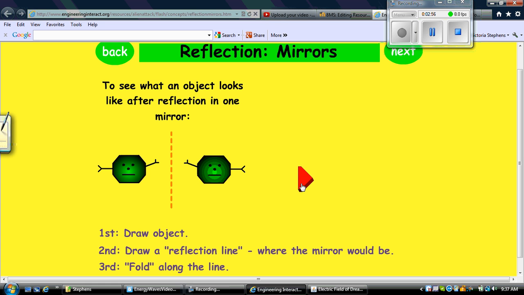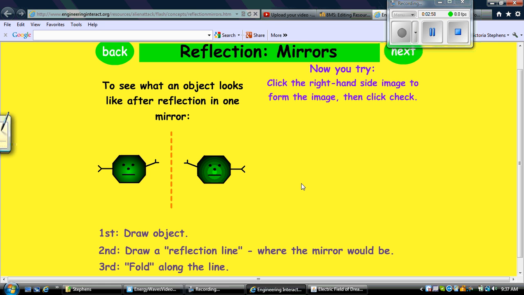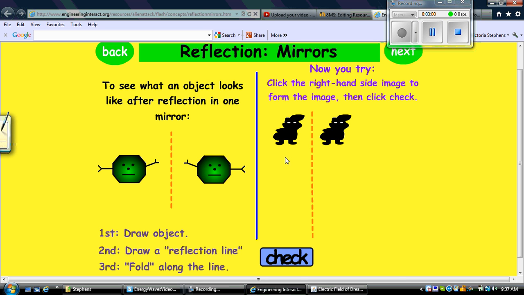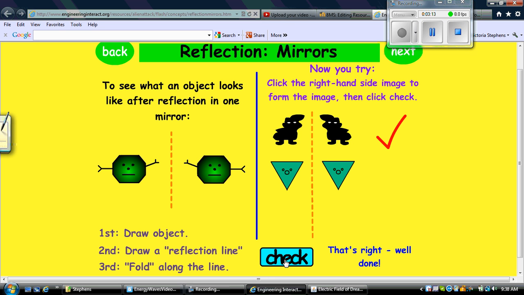There he goes. Okay, that's what I think is going to happen. I'm going to check. Yeah.